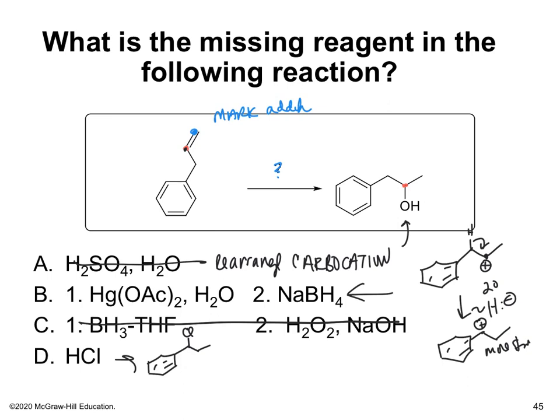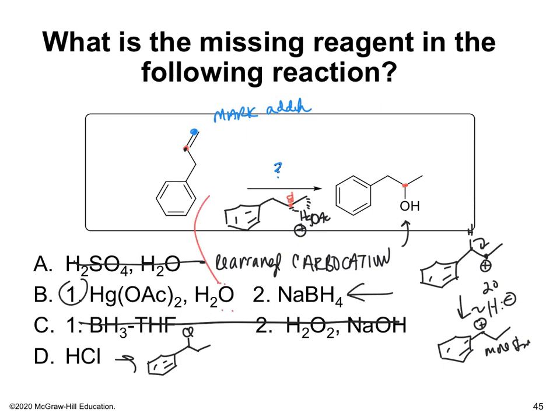So let's just look. Your intermediate from your first reagent would be this mercury acetate, and then that would put this as a delta positive.